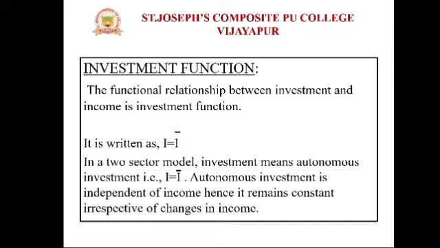Because this investment is independent of income. Investment which is not depending on income is called autonomous investment, and here income is in a constant stage. It is the same in consumption: autonomous consumption. There also, autonomous means independent, that is, of income, because it is a functional relationship. So thus we can write I is equal to I dash, which means autonomous investment.